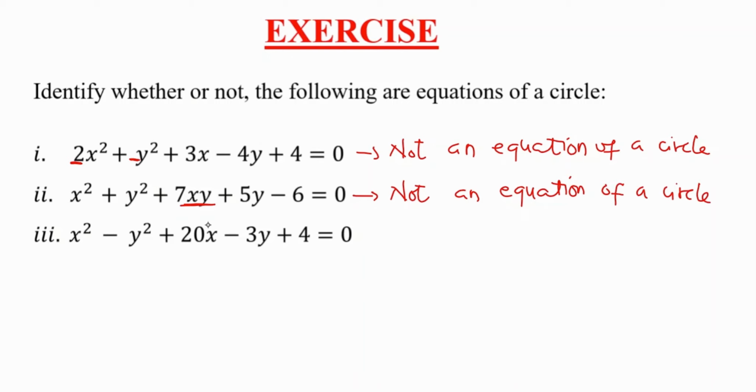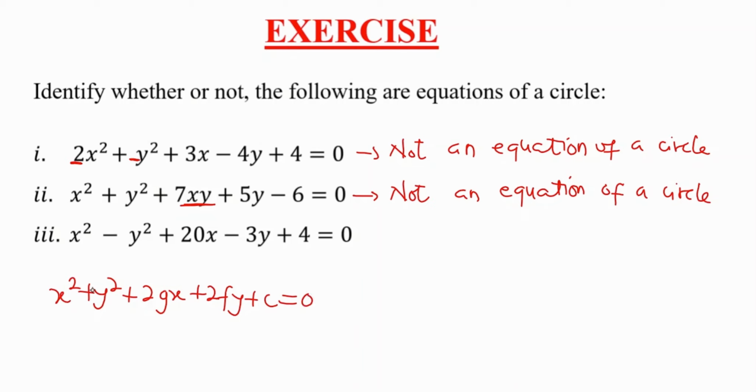Now let's move to the third one. We have x squared minus y squared plus 20x minus 3y plus 4 is equal to 0. Now look at the equation of a circle correctly. We said it is x squared plus y squared plus 2gx plus 2fy plus c is equal to 0.